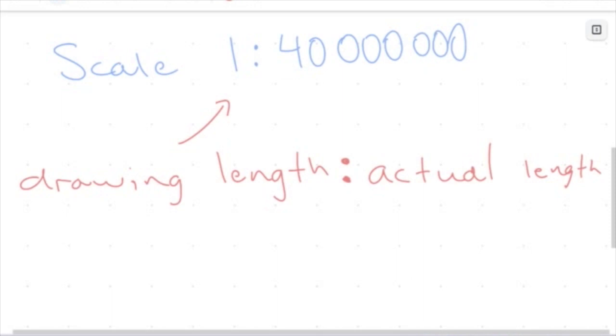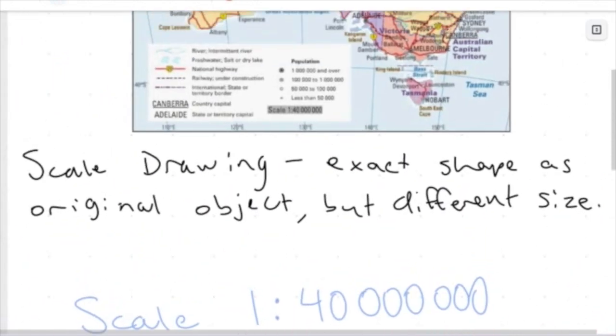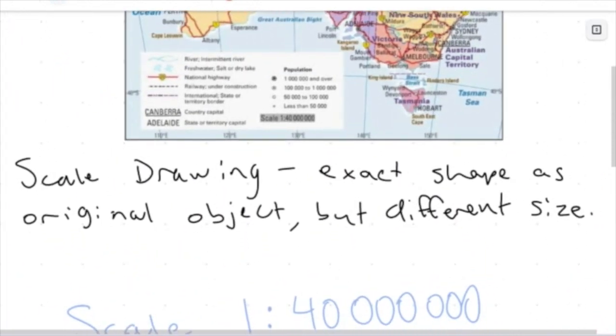So in this case, my actual length is 40 million times the length on the map. Our scale tells us that if I were to measure a distance on this map, whatever I measure on this page, the actual length in Australia is going to be 40 million times that unit.